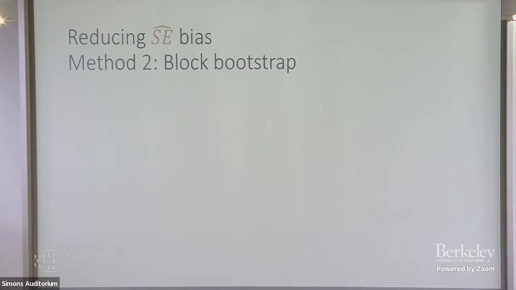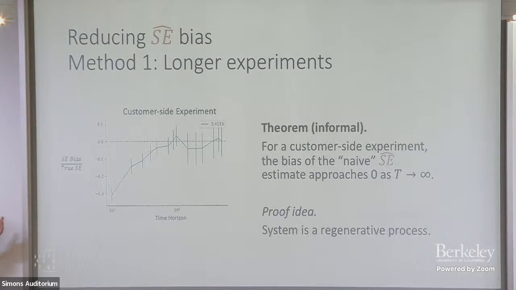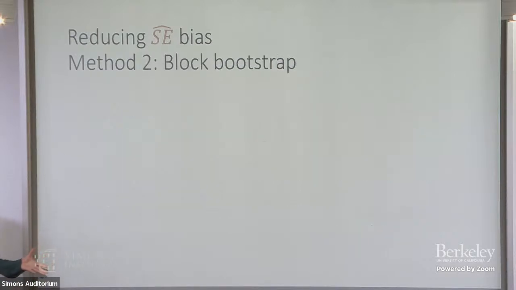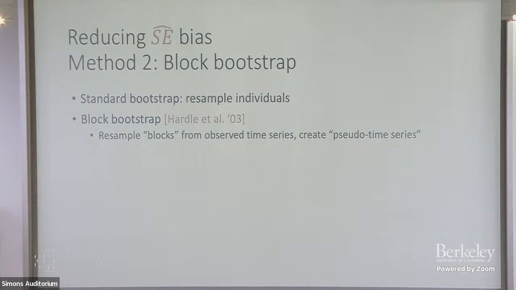We also have a second method for reducing the standard error bias, because with the first method, you don't always want to have to run longer experiments. There are opportunity costs to doing so. Sometimes it's just not feasible. So within a fixed time horizon, how can you reduce standard error bias? Here, the method that we propose is what's called a time series block bootstrap method.